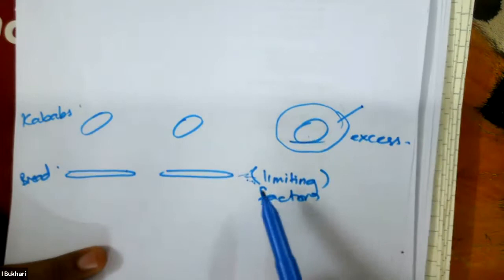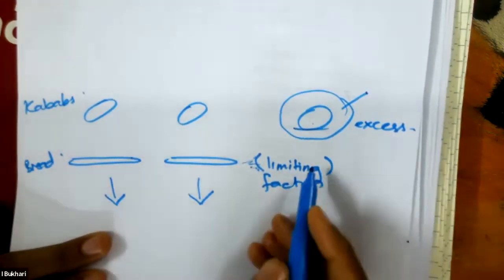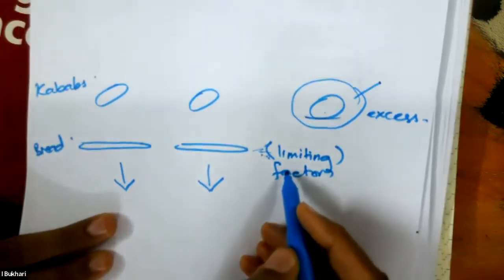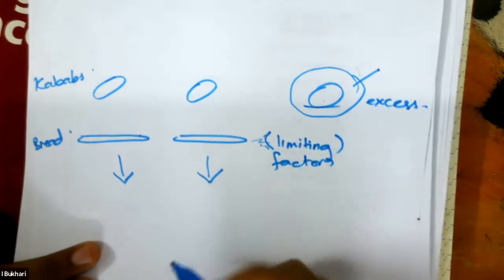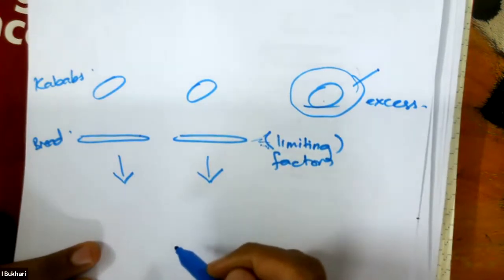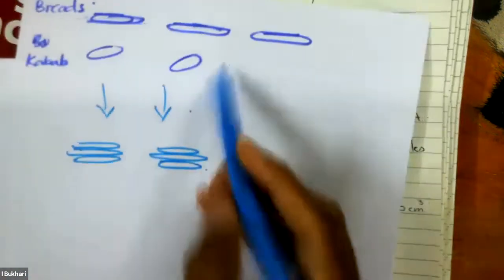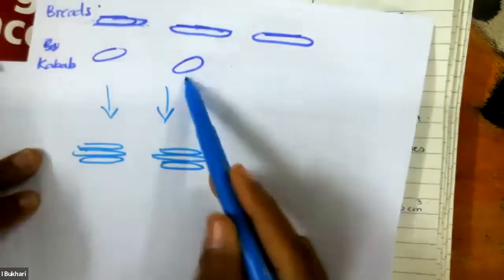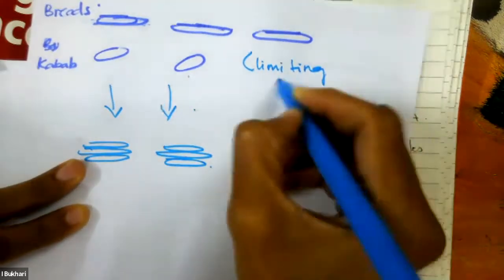It is always the limiting factor which decides the mass of the final product and also the rate of reaction, how fast the reaction would be. You can see here I'm getting 2 burgers because I have 2 kebabs; kebab is the limiting factor in this example.